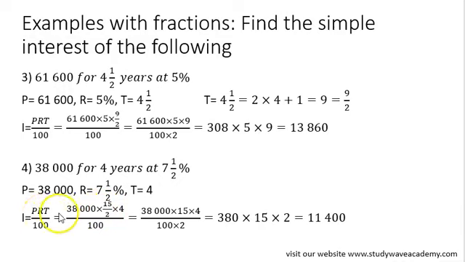So that is for the R. Then the T is the time, which is 4. We put our 4/100. But this is not the proper way to write this equation, okay? We will have to remove this 2 and take it down, right? So we have equals 38,000 times 15 times 4 over 100 times 2. This is the proper way to write it.